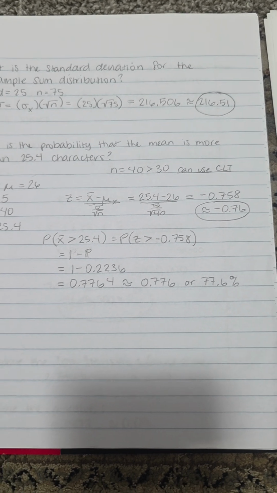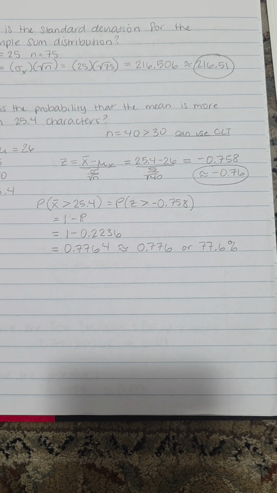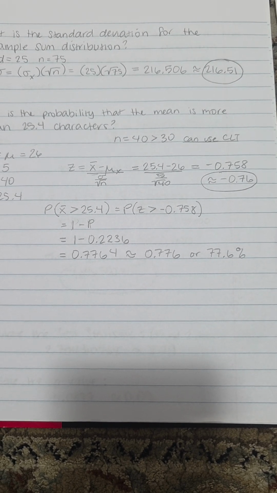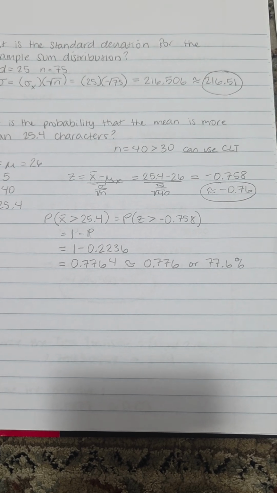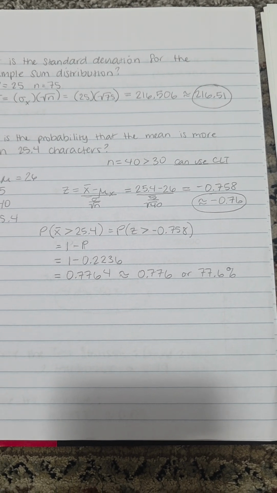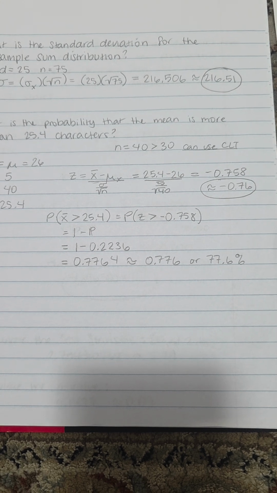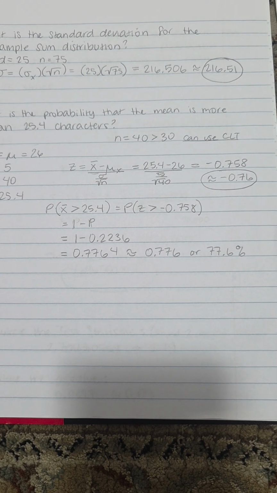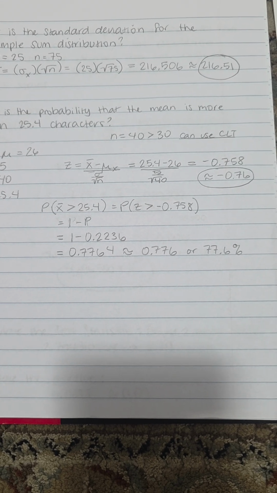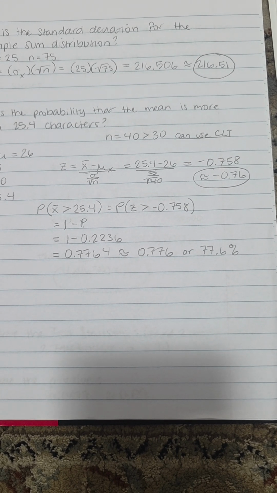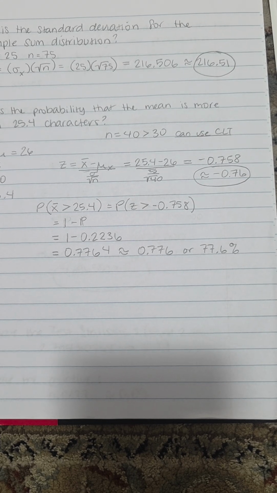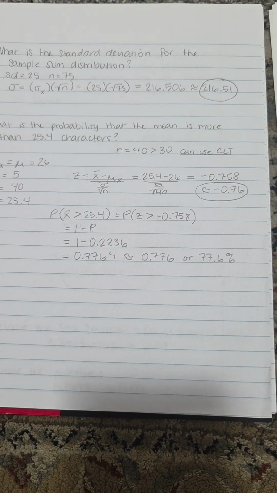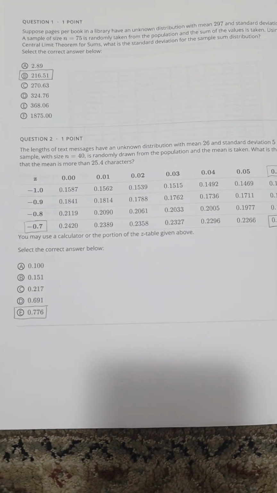negative 0.76. And then I wanted to find the probability that the value of x bar is greater than 25.4. I would take 1 minus the probability, and that came out to 0.7764, and rounded that was 0.776, or 77.6%.